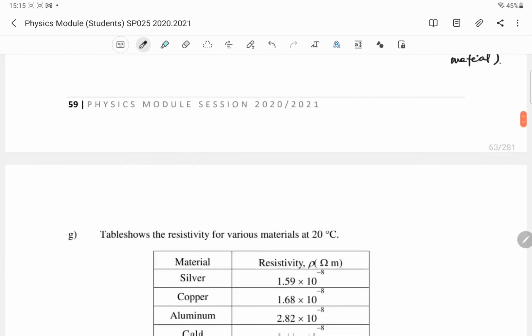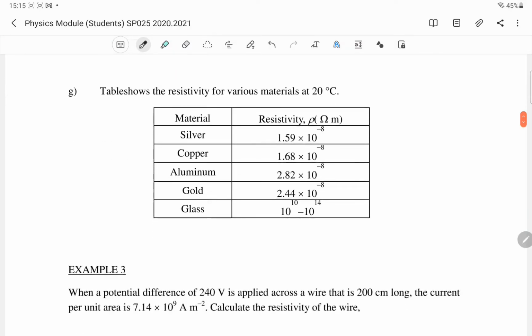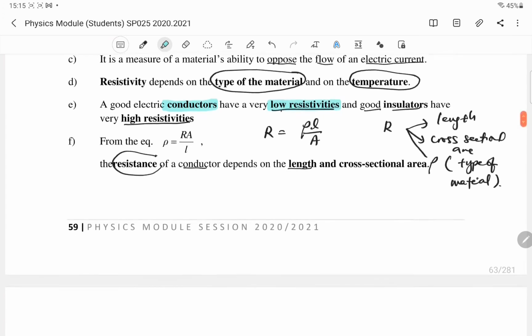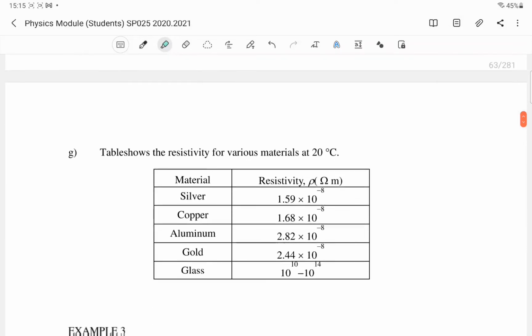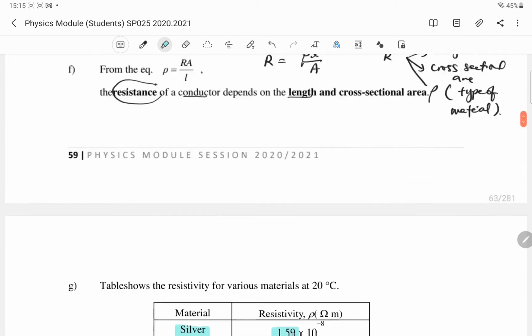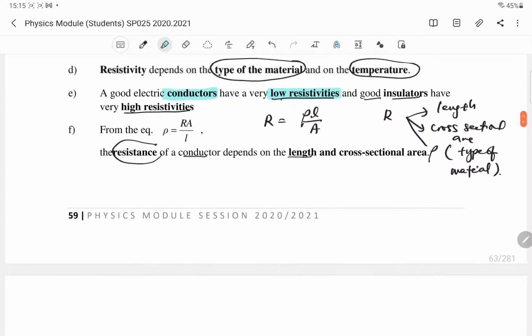Okay, so kalau kita boleh tengok kat sini, different types of material have their own resistivity. Remember, a good electric conductor has very low resistivity, silver, so that is a good electric conductor.